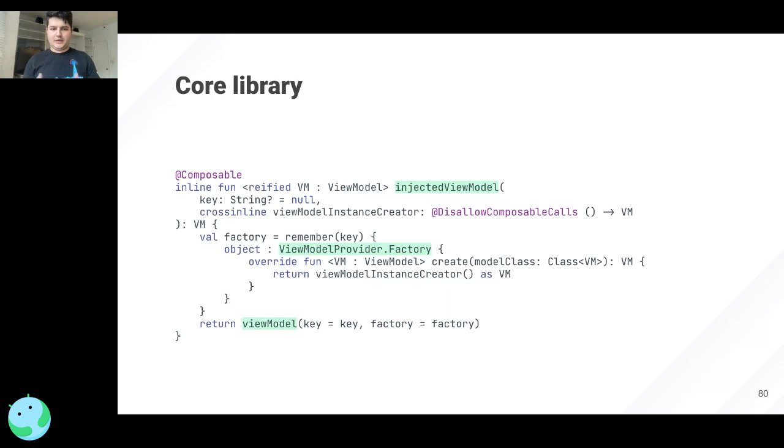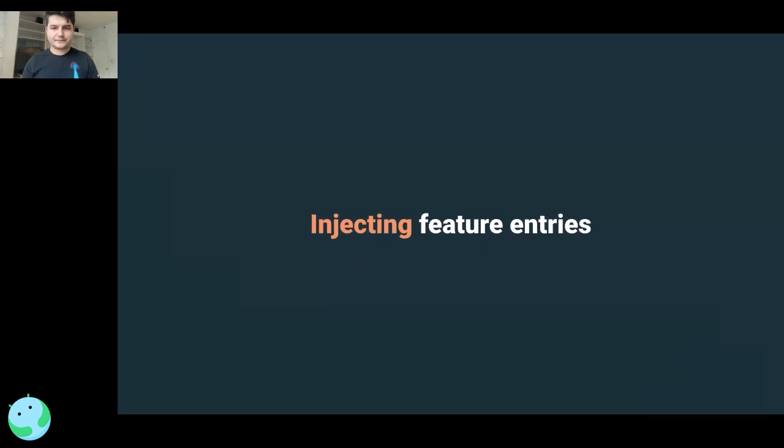Inside, it has a view model factory, which is called as a callback, and in the end you call the viewModel function, which is a composable function, and we pass the factory there. This viewModel function will make sure that view model scopes are respected, and that all the benefits of the Android view model will be preserved here.